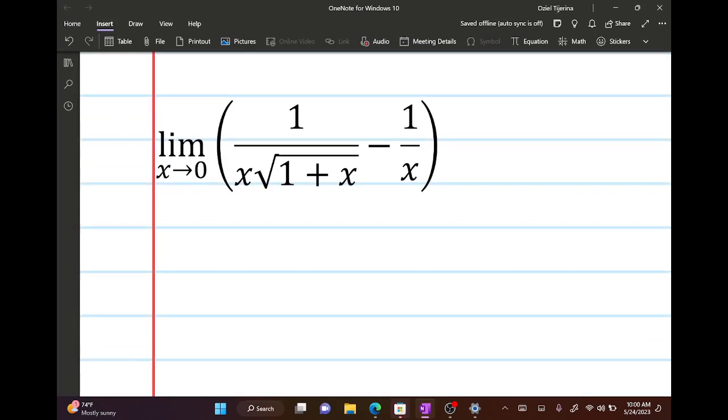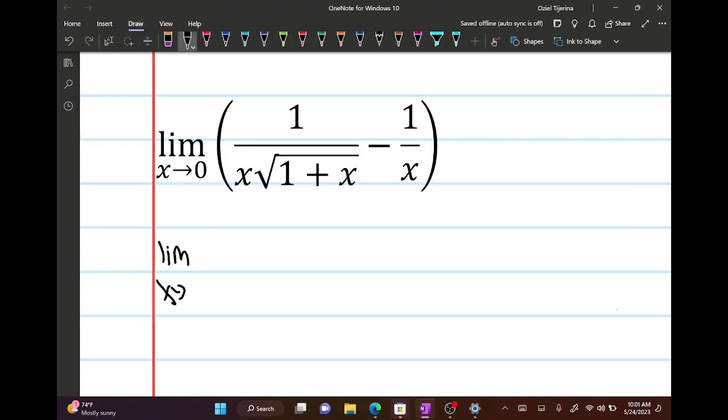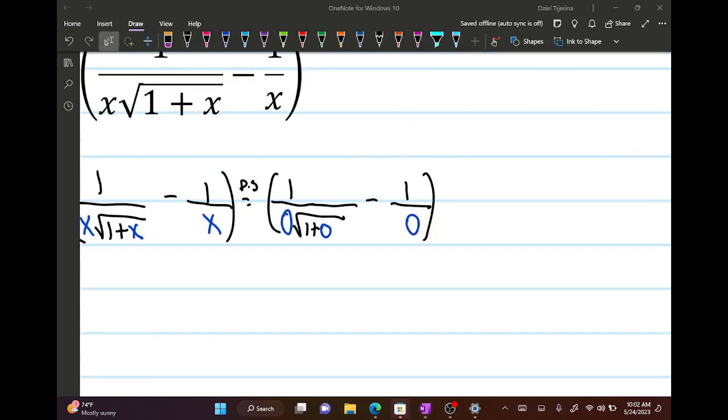So what we have to do here is first go ahead and try direct substitution, just like we always do. So I'm going to put x approaches 0 of 1 over, and let me do this part really quick.